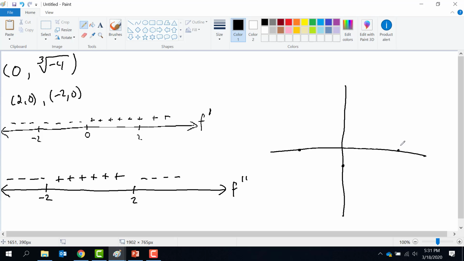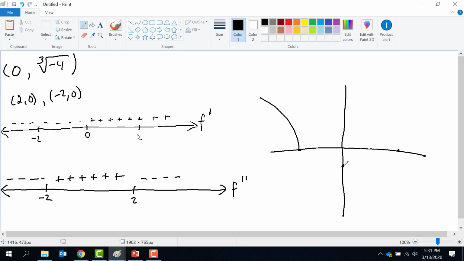Okay, and to the left of 0, it's a decreasing function, and from -infinity to -2, it's decreasing and concave down. So it'll be doing something like this. And then once we get past -2, it's still decreasing, but then it's concave up.